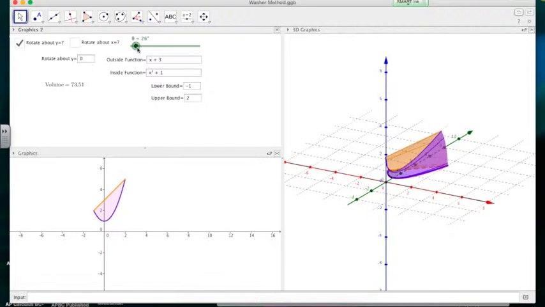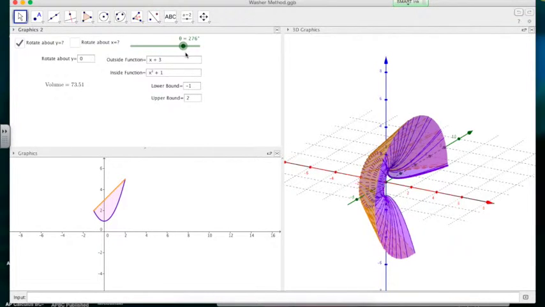As I build this and spin it around 360 degrees, I can see that the inside of that three-dimensional shape is that quadratic, that rounded surface. We can start to see the hole through the center there. That rounded surface is on the inside and this flat surface is on the outside.